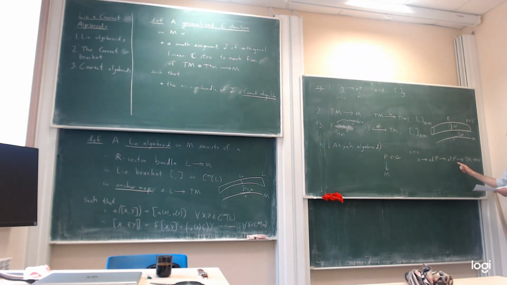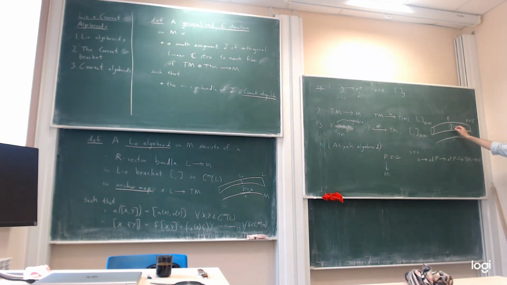So the anchor map is obtained from this short exact sequence. It's this one. We can think of the anchor map again in some sense as registering the horizontal component of an element of At P. Here At P we can think of as being a generic tangent fiber, not necessarily a vertical tangent fiber, but a generic tangent fiber to a point on the fiber of X. So this includes the horizontal directions.